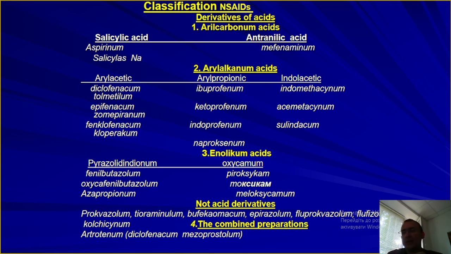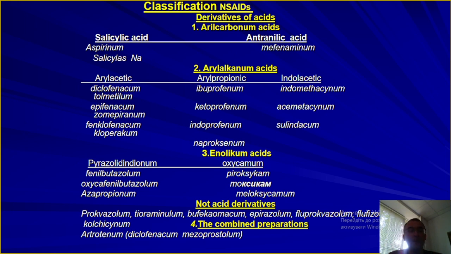The second specific of these drugs is the combination of these drugs. Sometimes, if the doctor or patient is not receiving enough clinically significant effect from one of these drugs, he is prescribing a combination of two different groups of non-steroids, for example, ketoprofen and diclofenac.